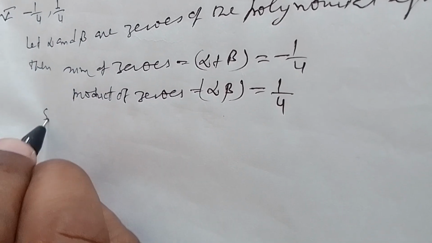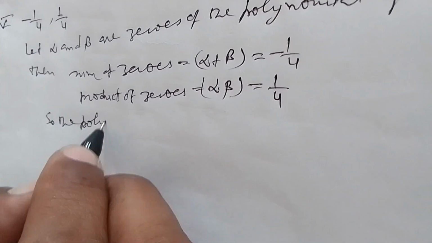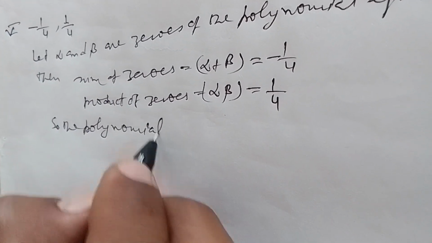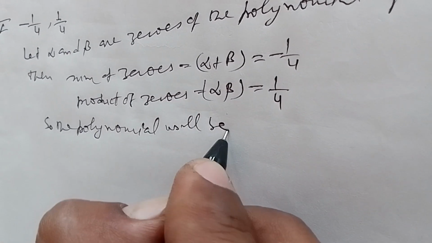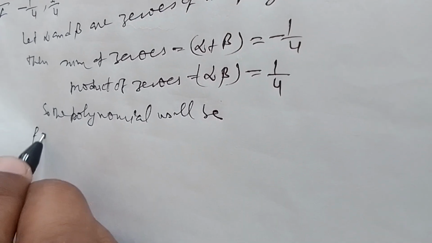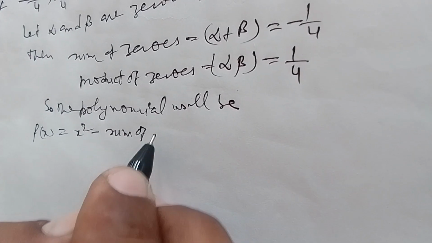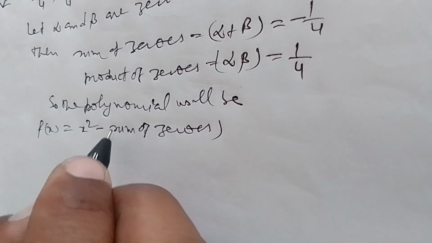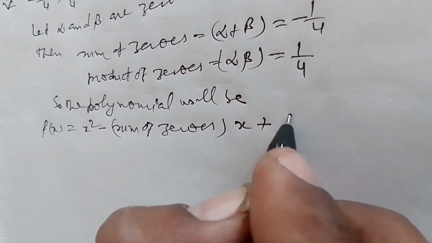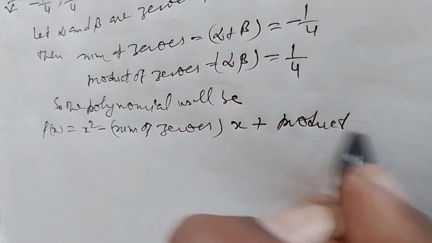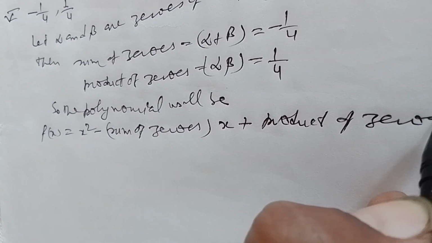So the polynomial will be function f(x) is equal to x square minus sum of zeros multiplied by x plus product of zeros.